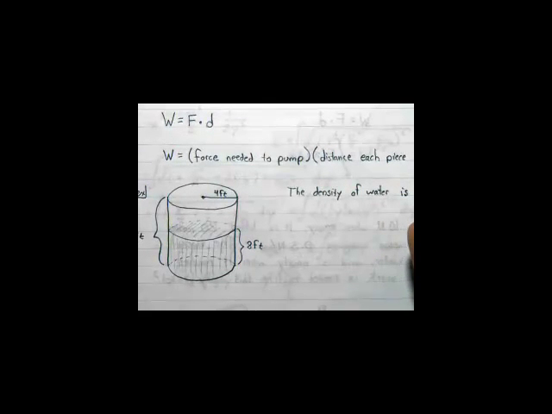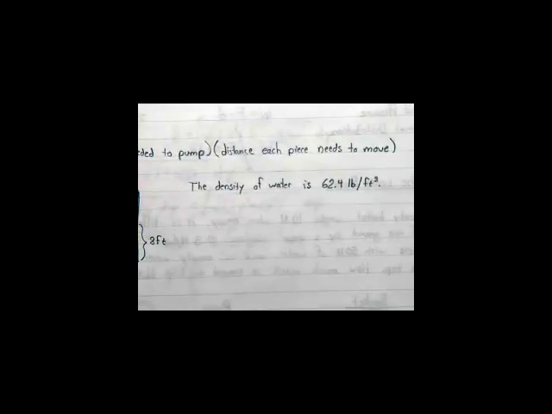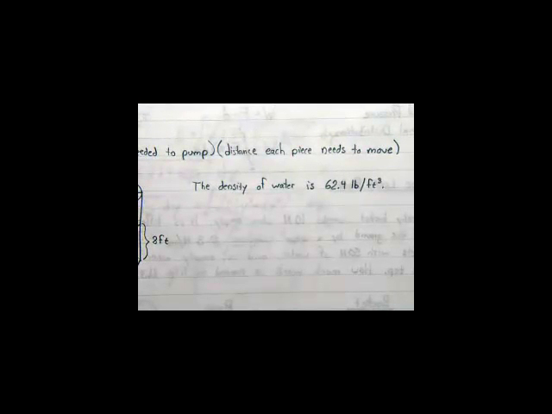So yesterday we were working in the metric system, talking newtons and all of that. So today we're going to be in the English system, talking pounds and feet and stuff like that. So 62.4 pounds per cubic foot. Okay. So notice how that is a force over a volume, right? That's important. So the density is measured as a force over the volume.